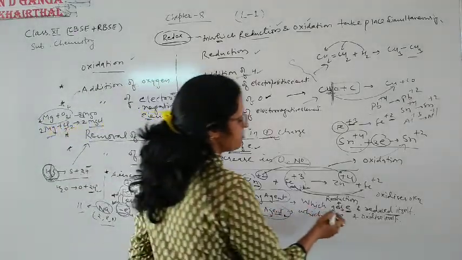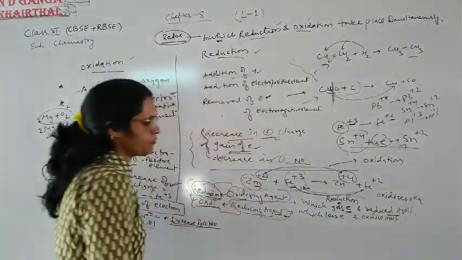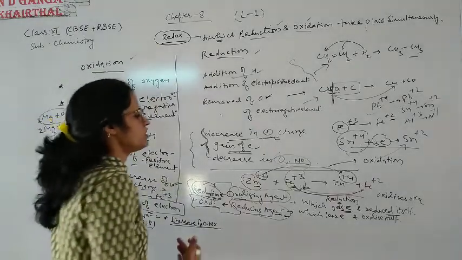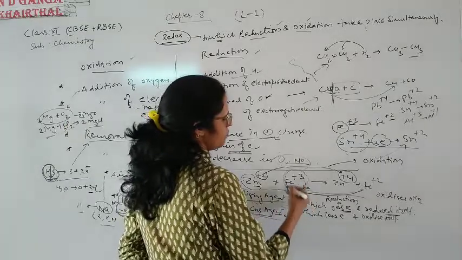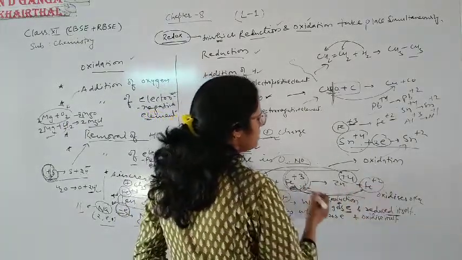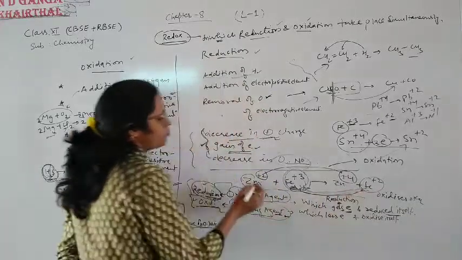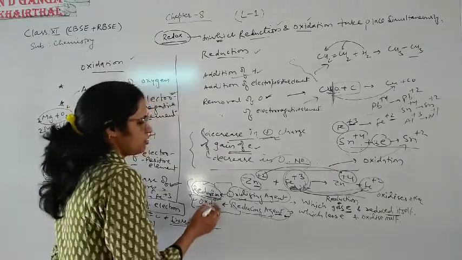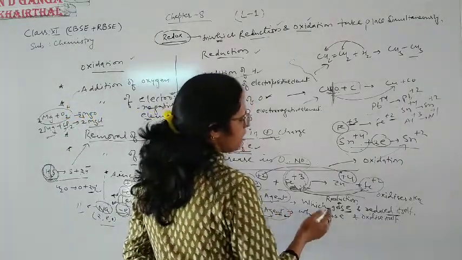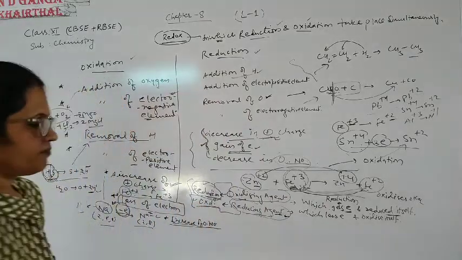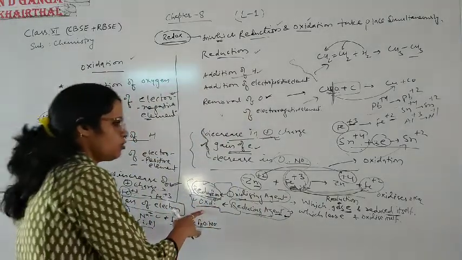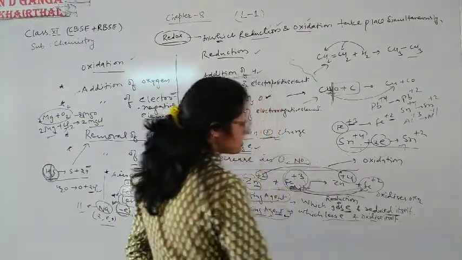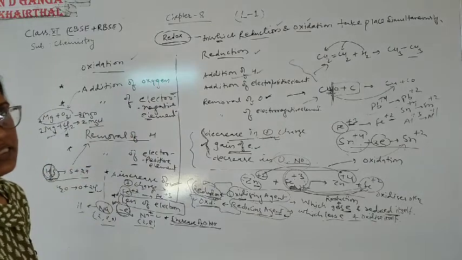So it is an oxidizing agent because it is going to be reduced by accepting one electron. And a reducing agent is a substance which undergoes oxidation, which loses electrons and oxidizes itself.